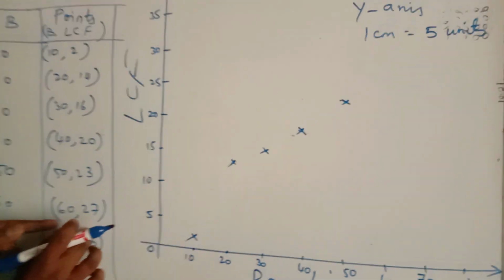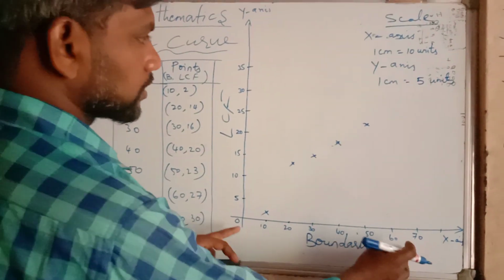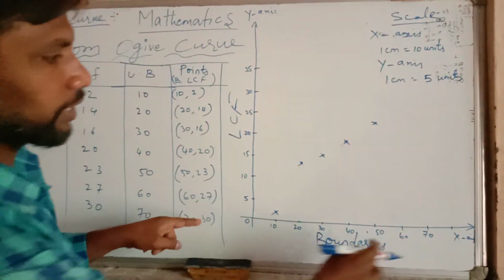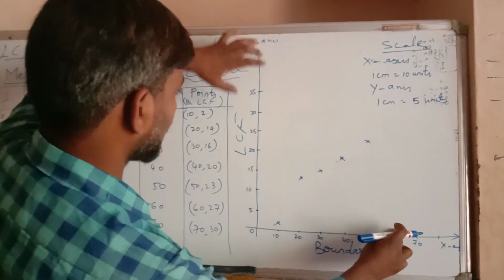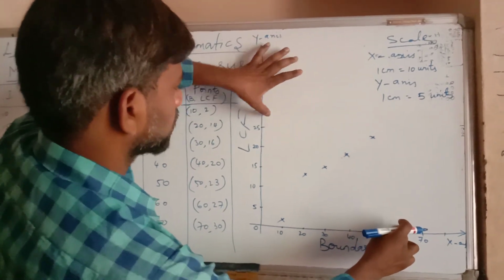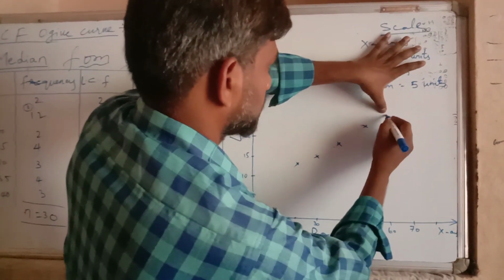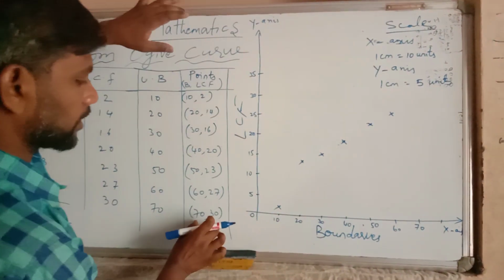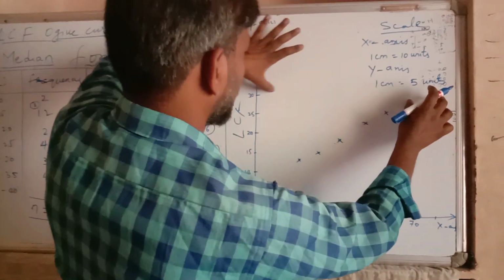The next one is 60, 27: after 25, the fourth line gives 27. And the next one is 70 comma 30, 70 on the x-axis, 30 on the y-axis.